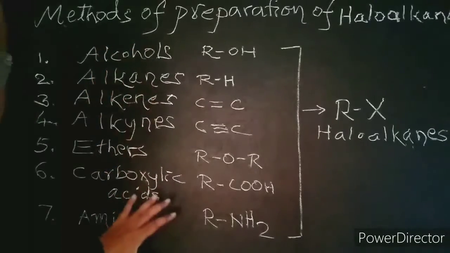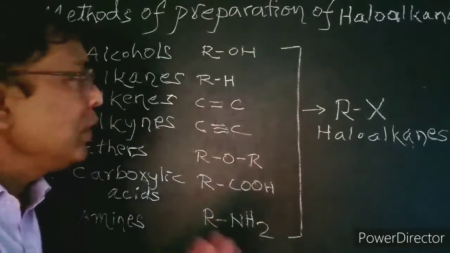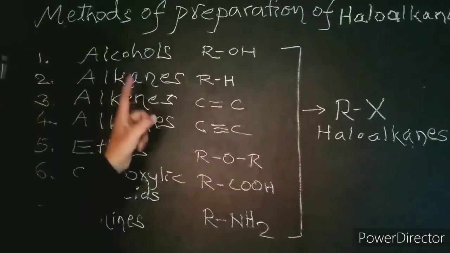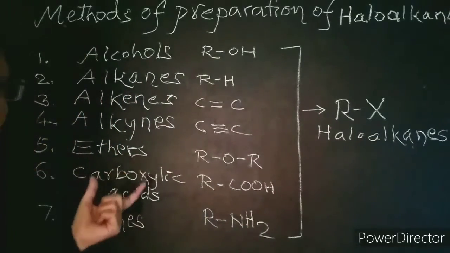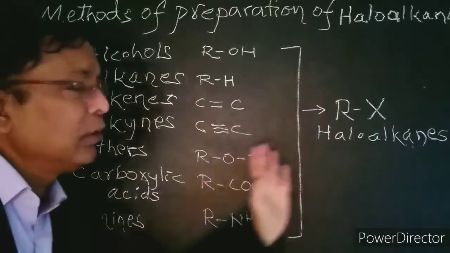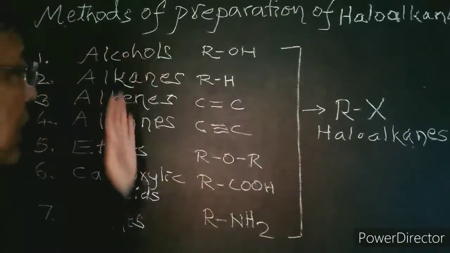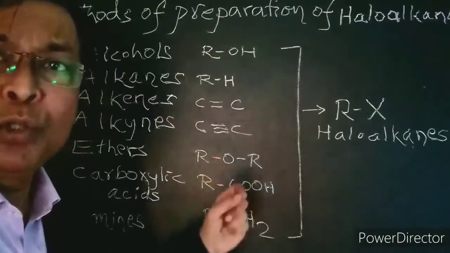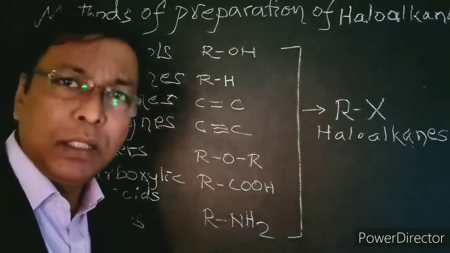Starting from these reactants, using different reagents, we can convert them into alkyl halides. How we are going to convert all these things into alkyl halides and which reagents we are going to use in every case, we are going to study in detail.